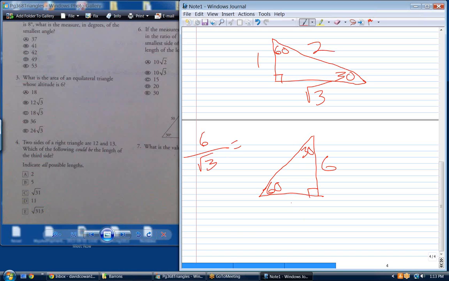So that has to be equal to the side that's opposite the 30, which is x, divided by 1. So x is actually equal to 6 divided by root 3.